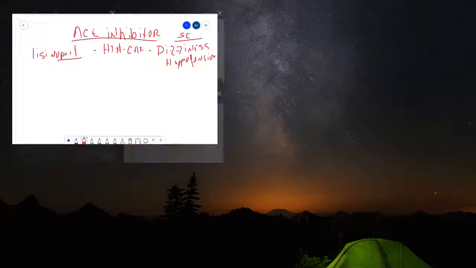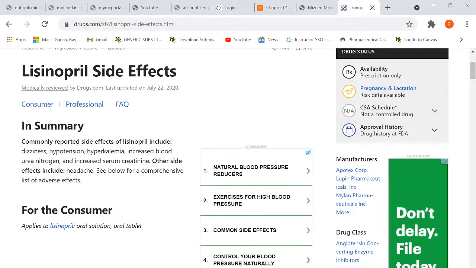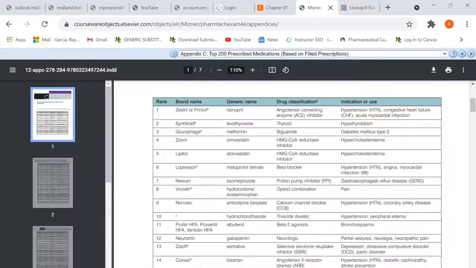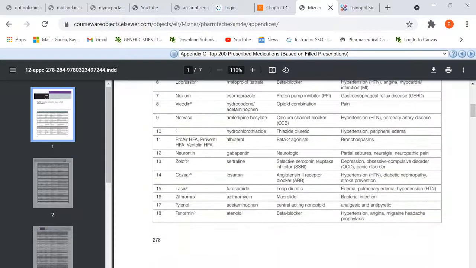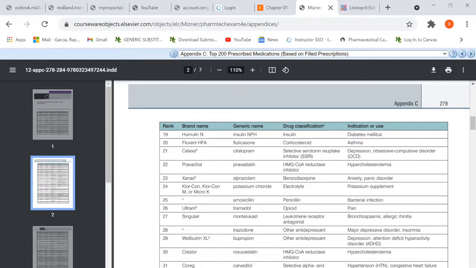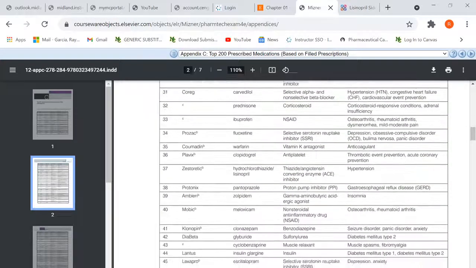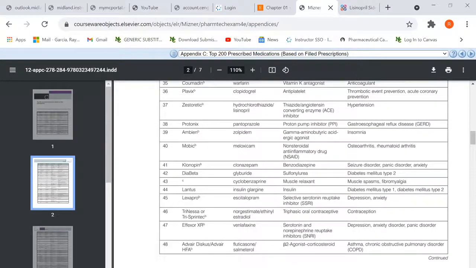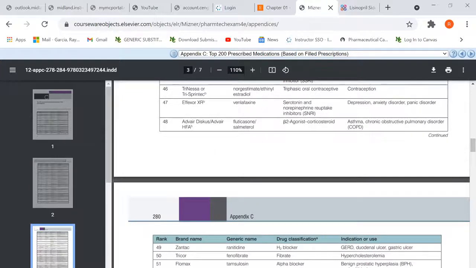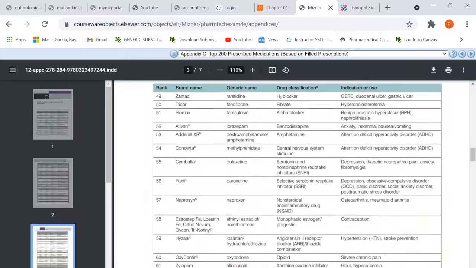So let's look at another ACE inhibitor that we can find in the top 100. See if I can find one or two more here.